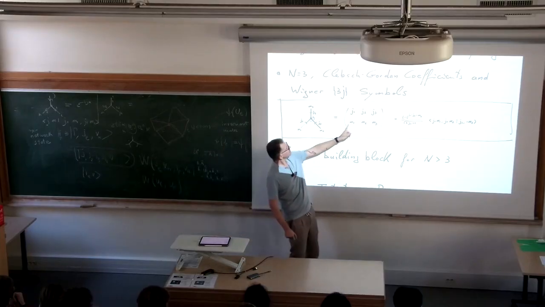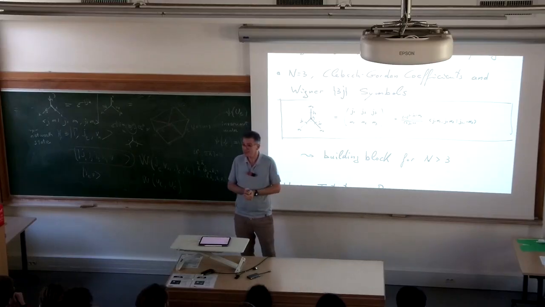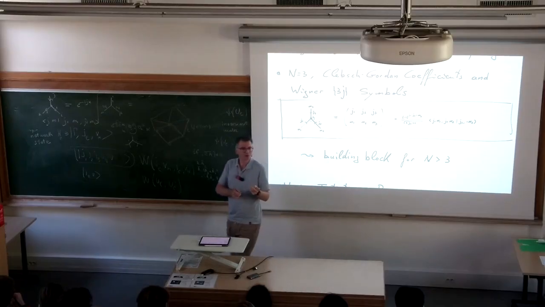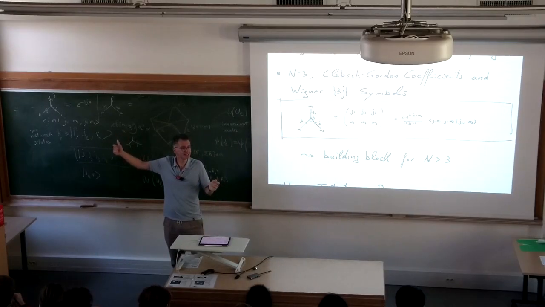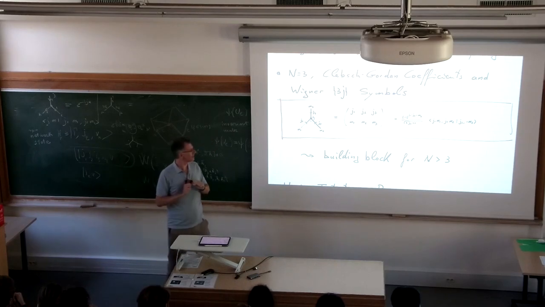It has the property that if these 3 m's don't sum to 0, it's 0. It has the property that if these spins are too small and one huge, it is 0. They're called triangular inequalities. Usually it tells you there's something to do with geometry. No, it's like triangles.